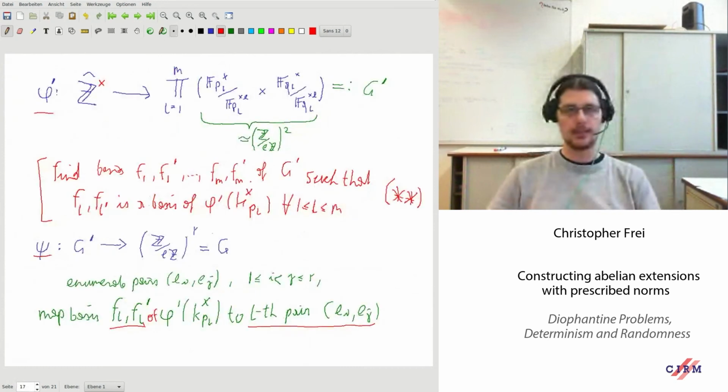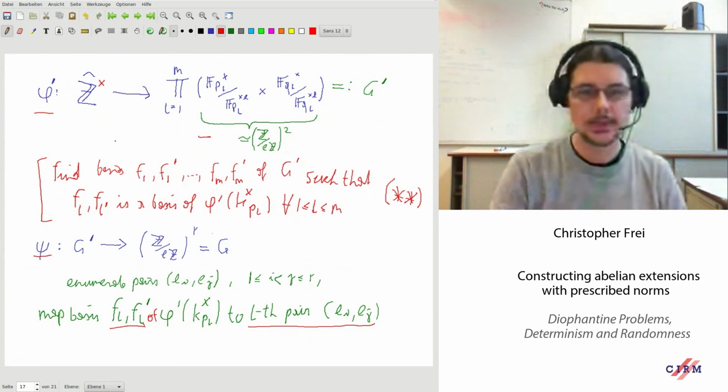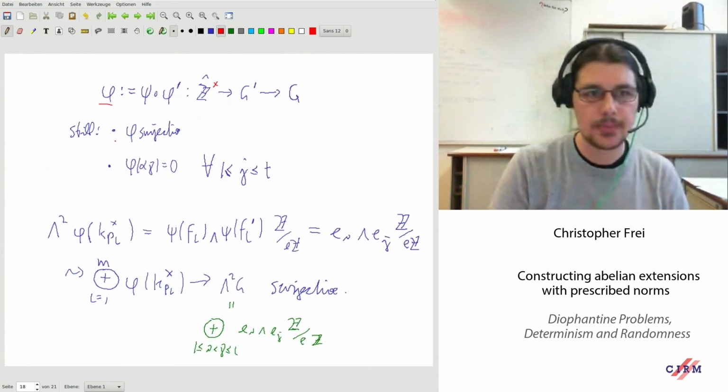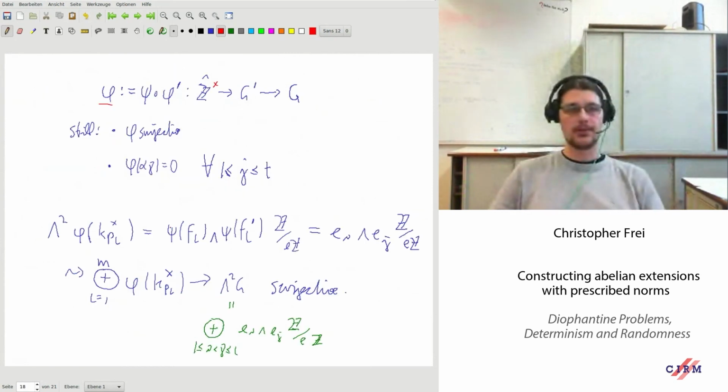So again, from here on, the alphas are mapped to 0. Okay, so we have still preserved this condition that we had previously, but now we have way more factors, and we can use these factors to make the Hasse principle work.